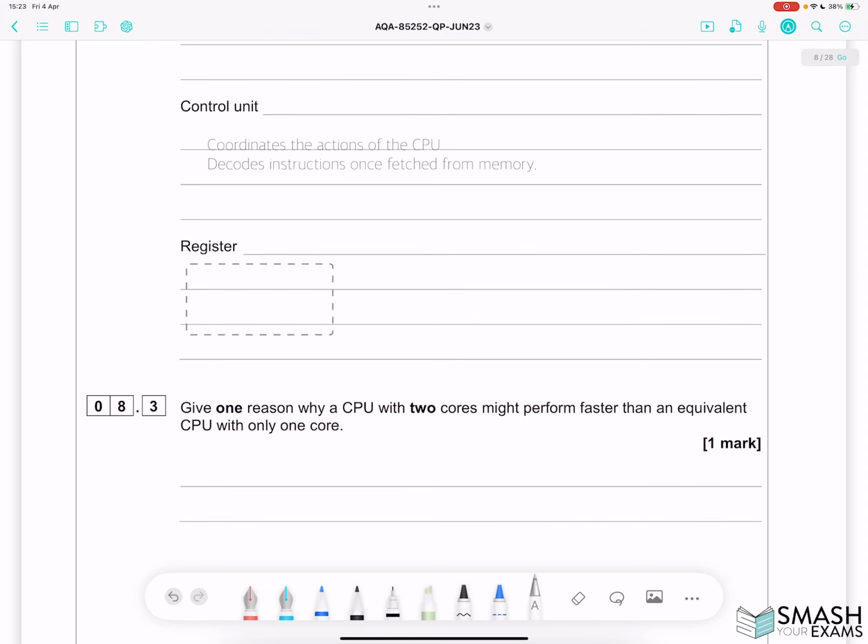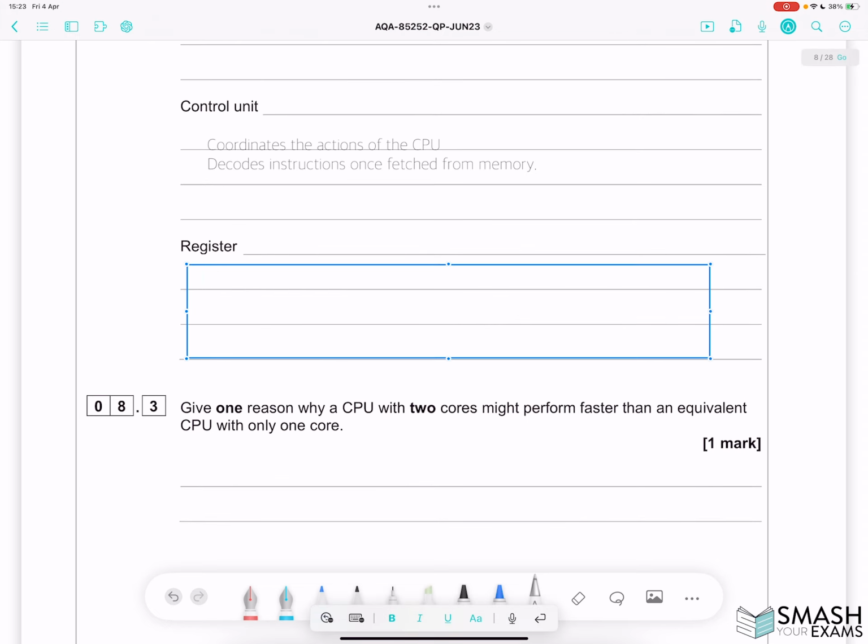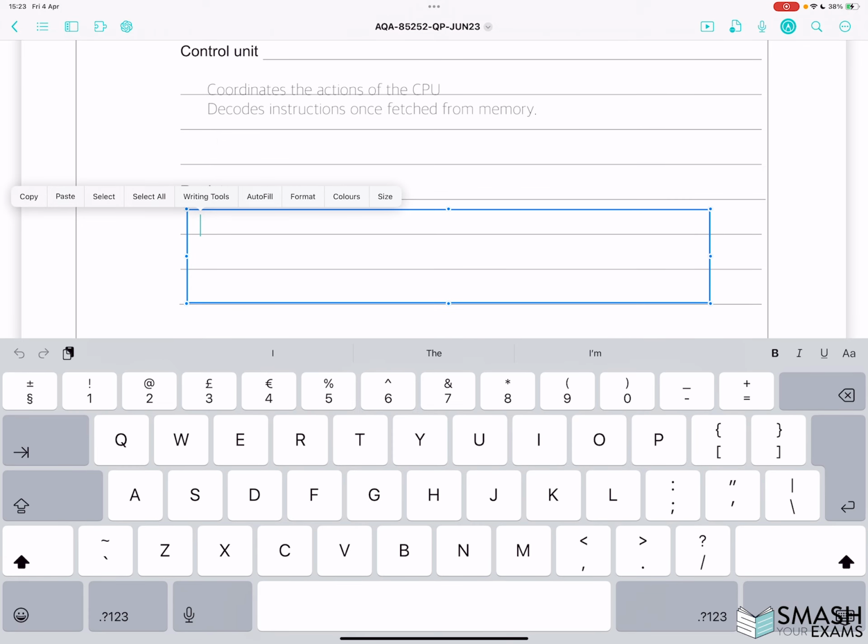And then registers. So what do registers do? What are they exactly? Well, we know that registers are very small, very fast pieces of memory that are on the CPU. What is the purpose of them? It means that when a data or instruction is being fetched from memory, it actually gets stored on the CPU, so it can be used during that fetch decode execute cycle.